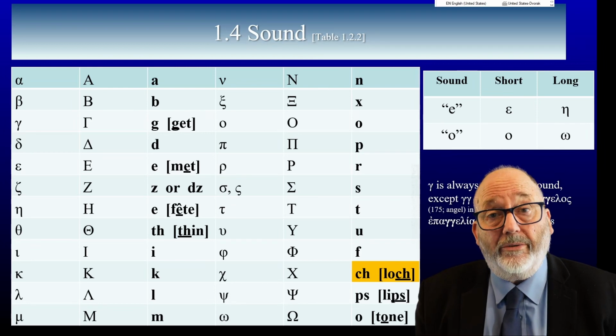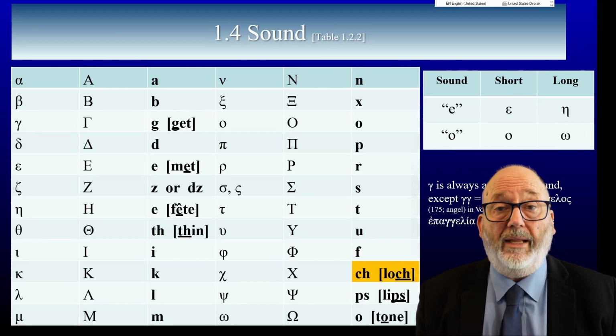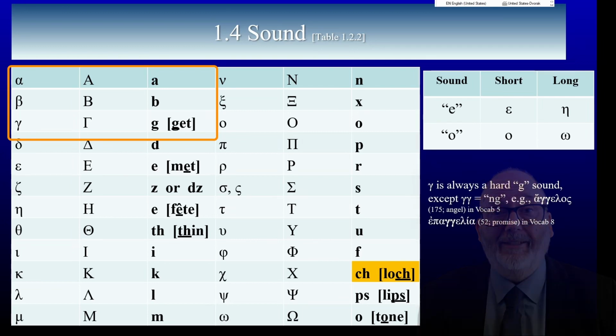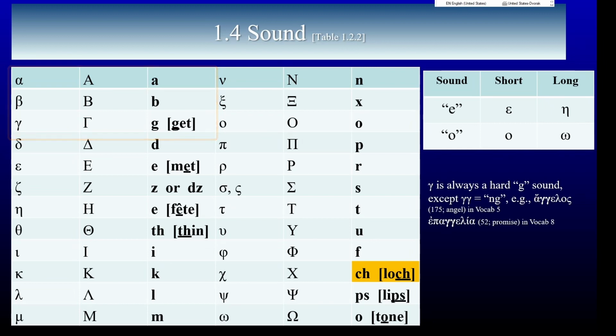Now, the basic rule of alphabets is the name of the letter conveys the sound in its first sound. Alpha, so the first sound is a. Beta, first sound is a b. Gamma, g, and so on through the list.